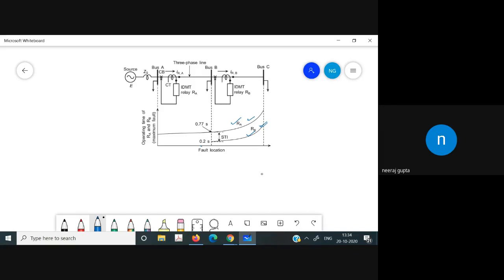However, in this case we have three buses, and two line sections are there.